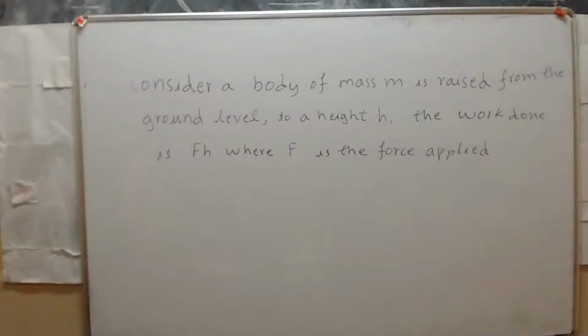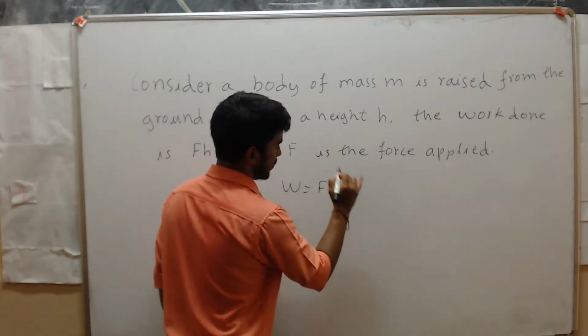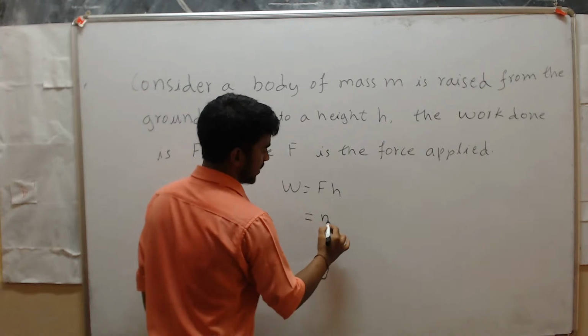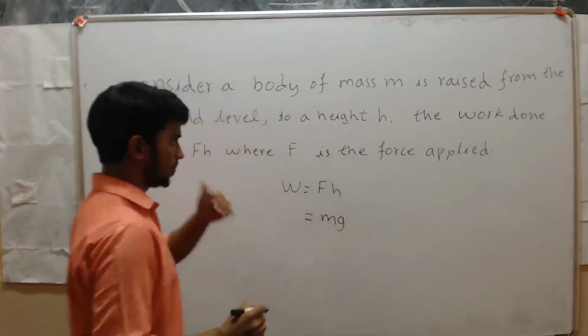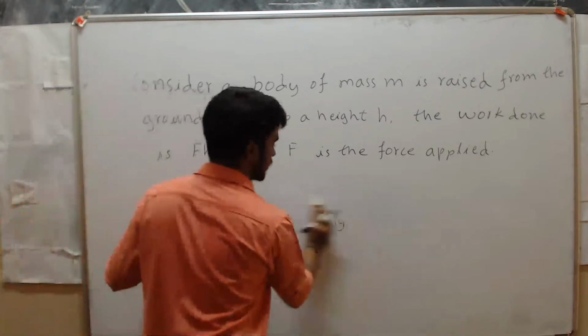So work done is equal to F into h. F means what? Here that is m into g. And here add one more sentence.